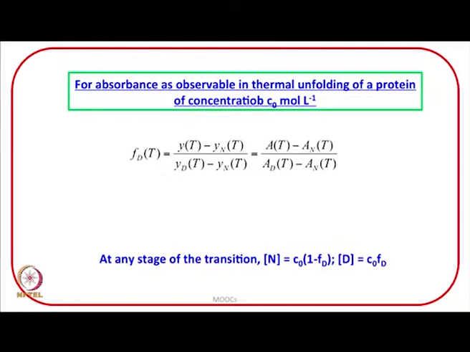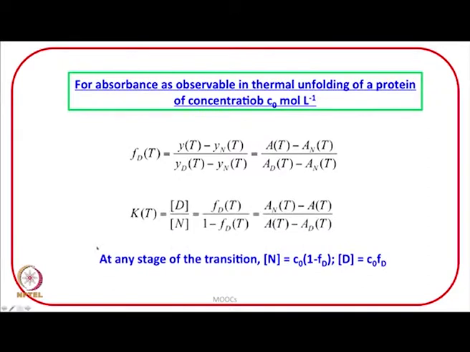Now, K is equal to the concentration of the denatured form of the protein divided by the concentration of the native form of the protein, which is equal to Fd divided by Fn.